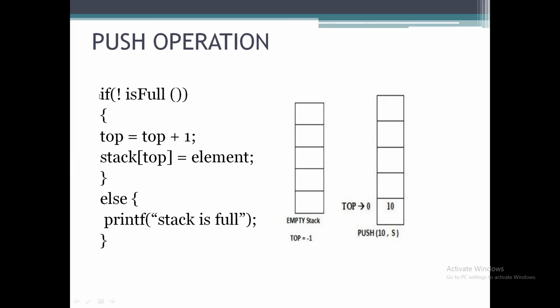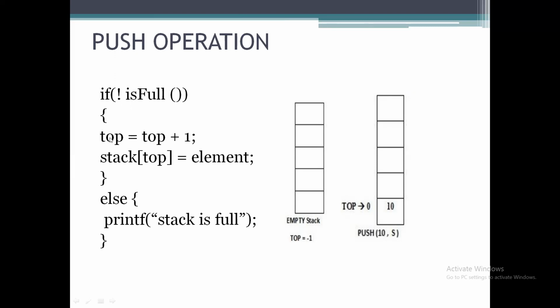Before that, I'm going to check the condition is full. That is, I'm checking whether my stack is full or it has memory to insert a new element. If it is not full, it means that it has space for inserting the new element.